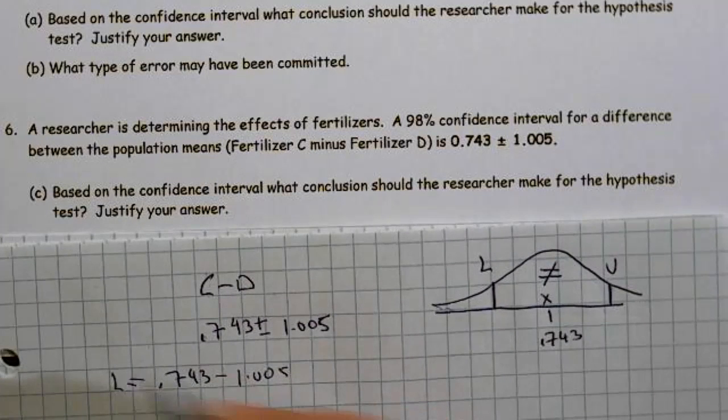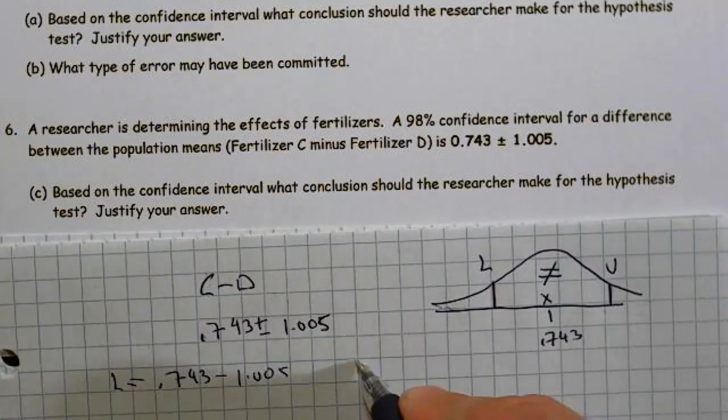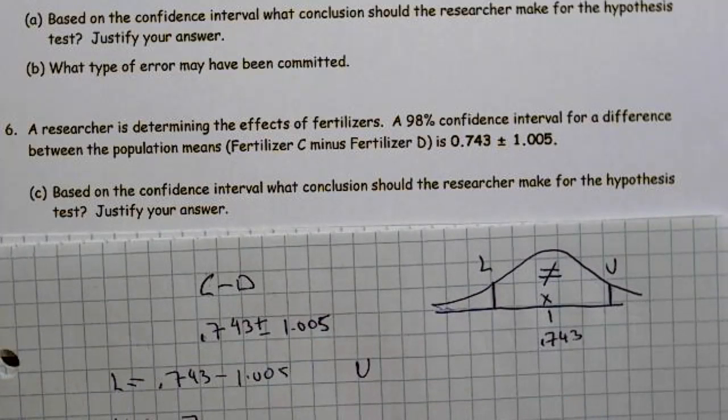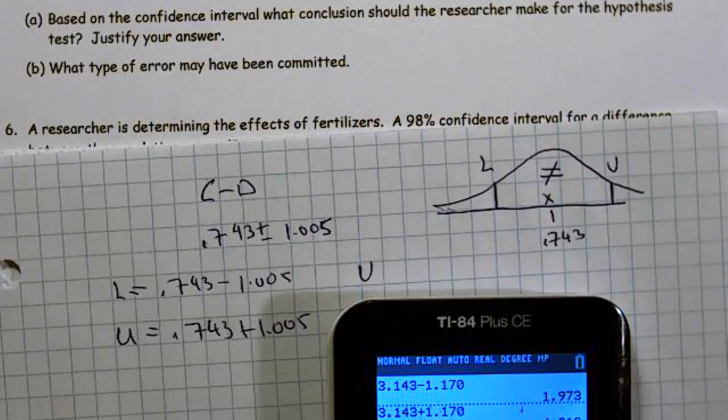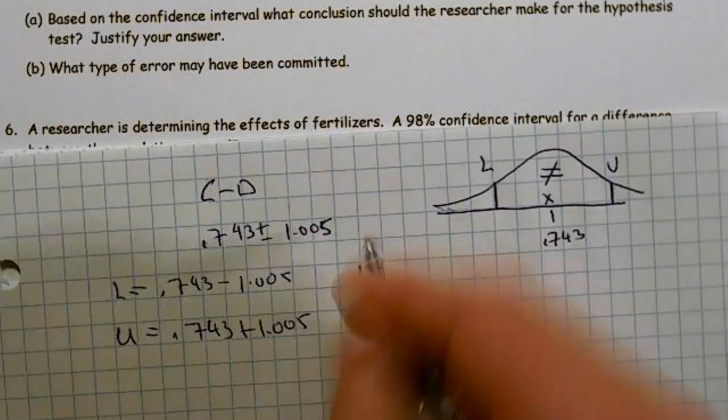That'll be my lower because I subtracted. And my upper is going to be 0.743 plus 1.005. 0.743 minus 1.005 equals negative 0.262.